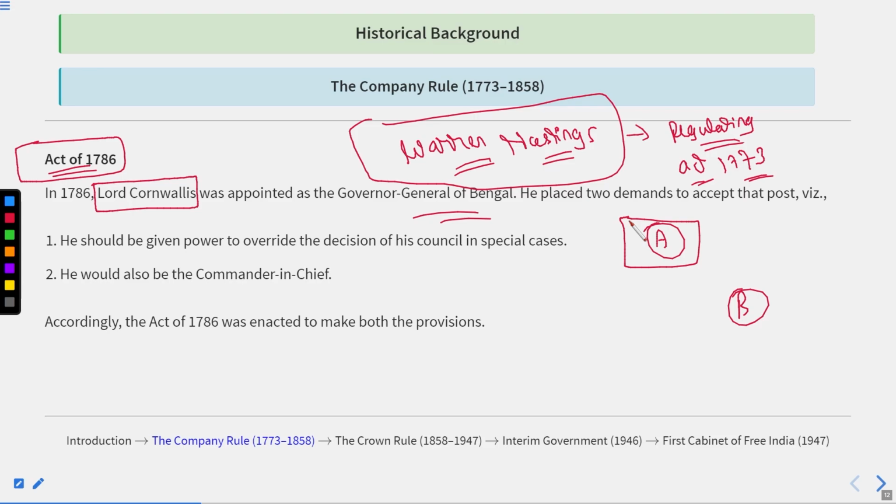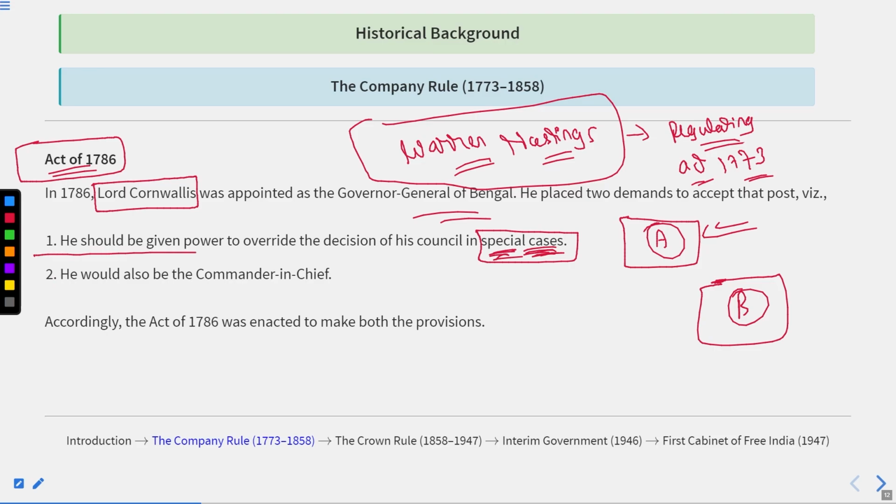So he said that if I would be given some special powers, then instead of going with plan A, which is the decision of the Governor General Council, I could go with plan B, but in special cases only. Not in every case, in special cases. Okay. So that is the first demand.